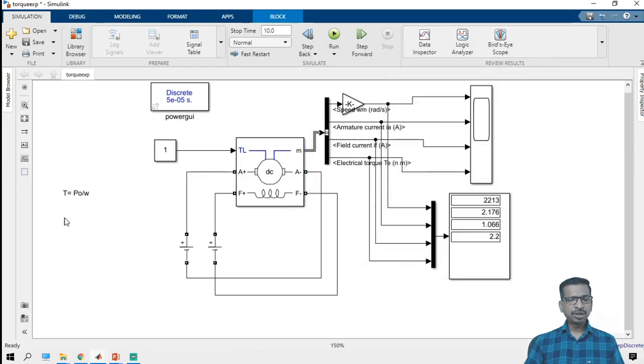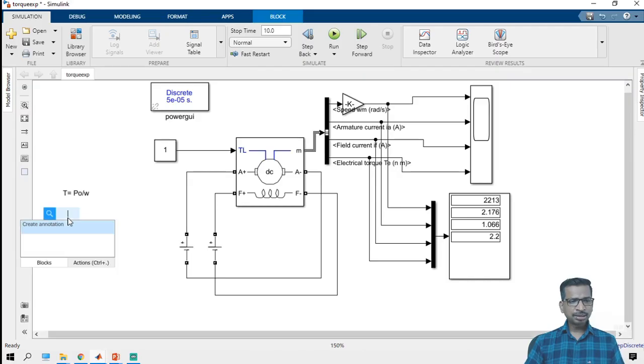So now we have to convert to the electrical one. So here just take 5 into 746 divided by omega, and omega is nothing but 2 pi n divided by 60, where 2 pi and 60 are constants, and n is nothing but the speed.